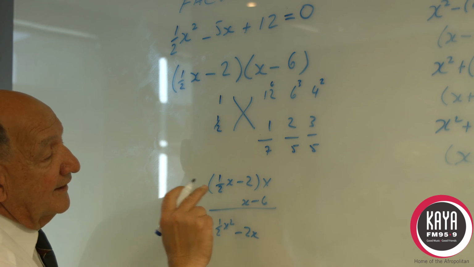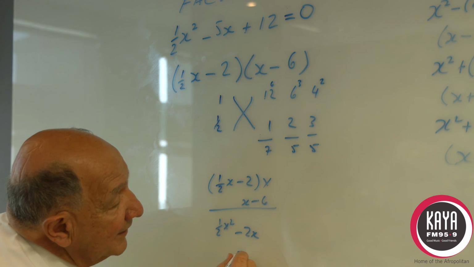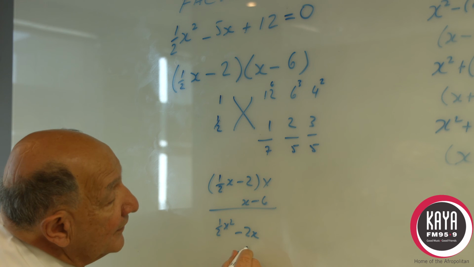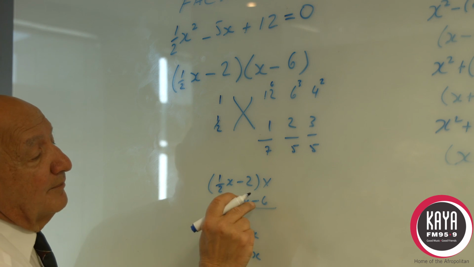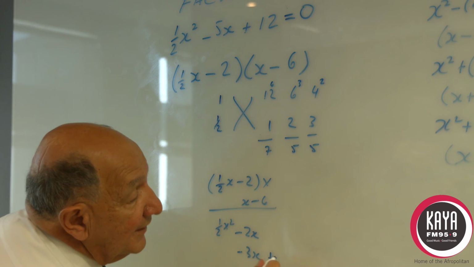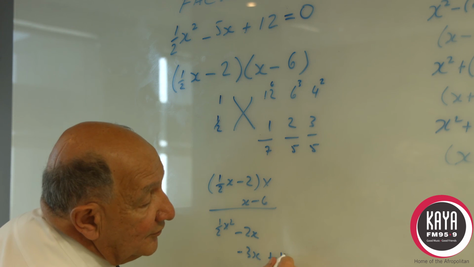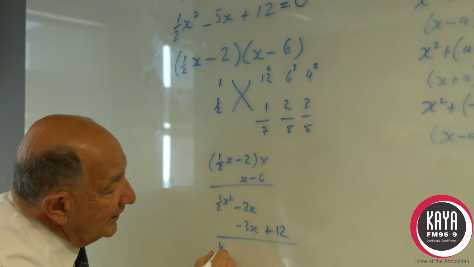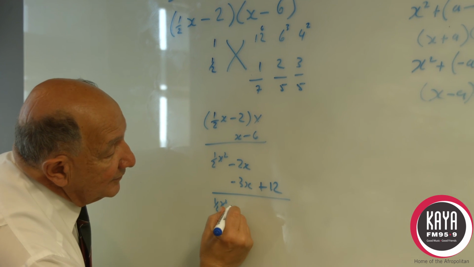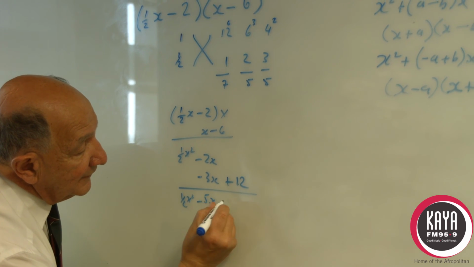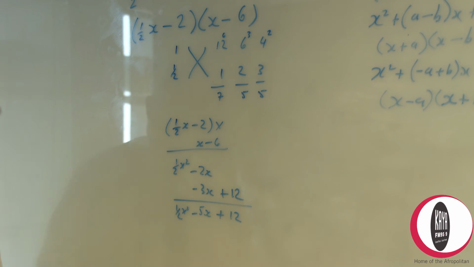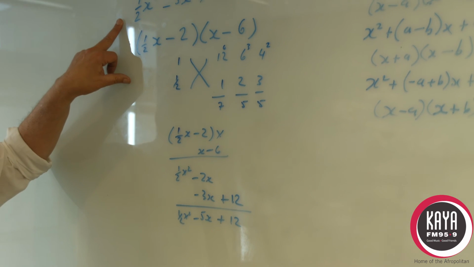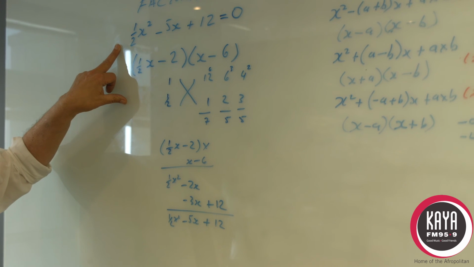Minus 6 times a half x is minus 3x. And minus times a minus gives us a plus, and 6 2's are 12. So when we add down vertically, we have a half x squared minus 5x plus 12. And this is equal to the original equation.